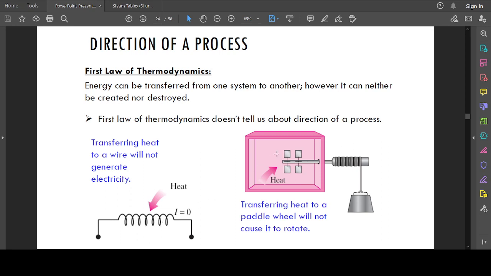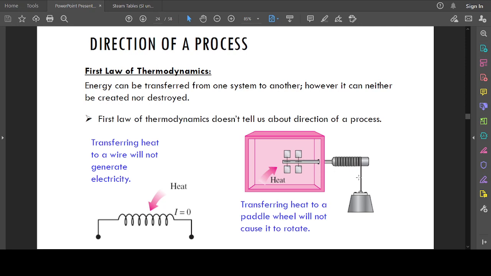Similarly, in this system with a paddle and a mechanical system to move the paddle, let's say this mechanical system is stationary and this rotary wheel and the paddles are not moving. Now, if you apply heat around the surroundings of this paddle, the heat will not cause this paddle to move.